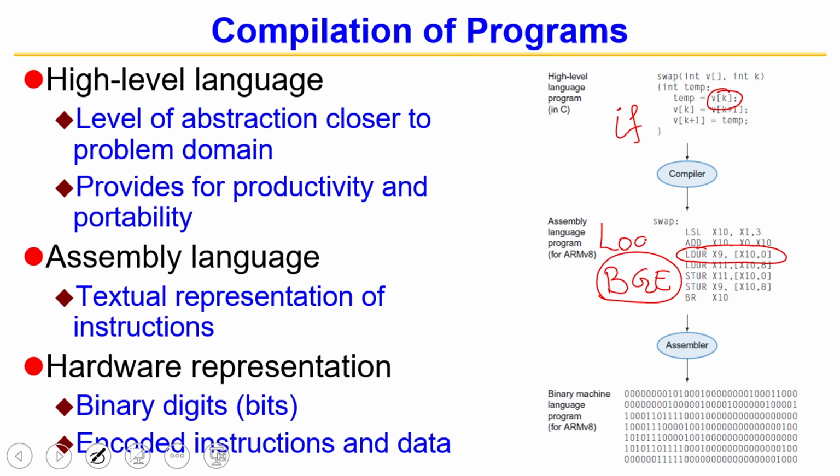Any access to an array element or a variable is stored in memory, so to bring it to the register, you need a load instruction. That is the load we are interested in. Any if statement or any for loop in your program would be converted to a branch, and any array location on the left hand side would be a store instruction.